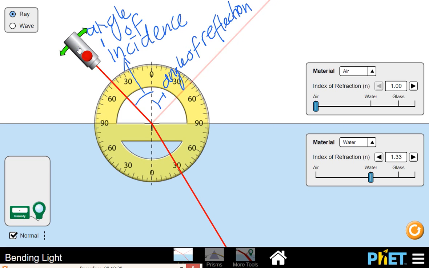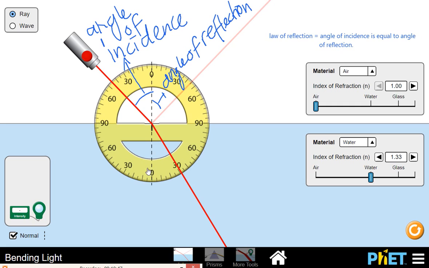So this gives us a law here, which I'm going to write down. The law of reflection states that the angle of incidence is equal to the angle of reflection. So when you increase it or decrease it, it is always equal to the other. All right, and the refracted ray, as you can see, we already know what happens there.